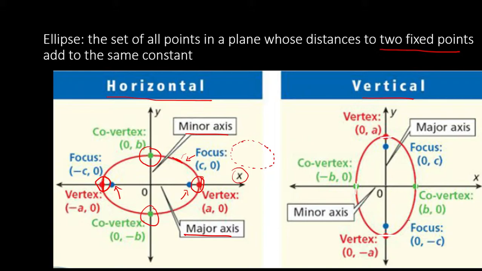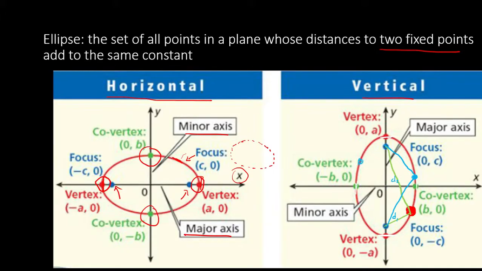Meaning, if I pick some random point, let's say I have a point here, if I were to measure the distance from that point to here and that point to here, if we call that D1 and D2, the sum of D1 and D2 would equal the sum of this D1 and this D2.